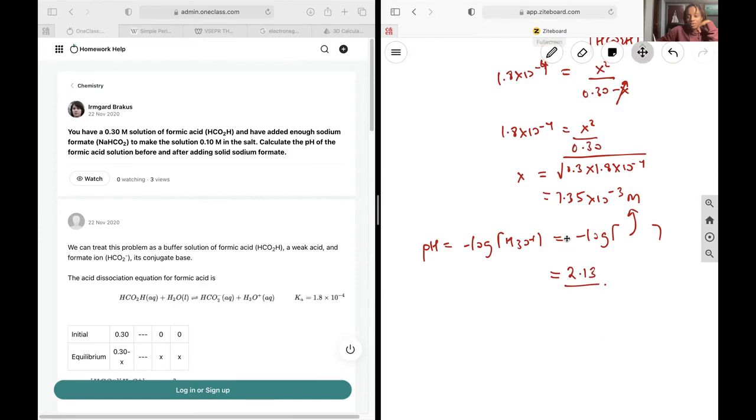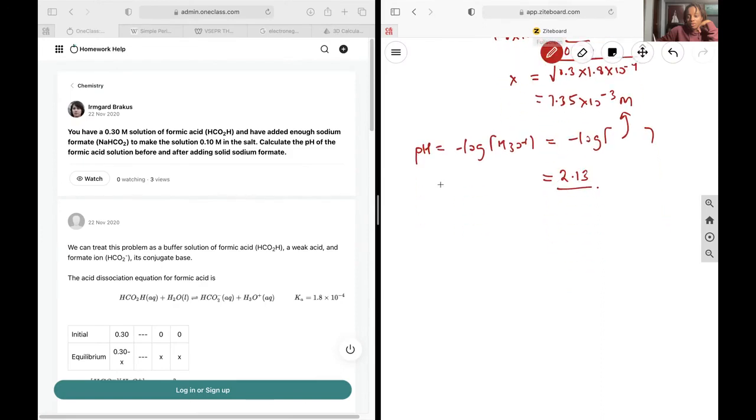Now for the second part, I will use the Henderson-Hasselbalch equation, and that just states that pH is equal to pKa plus the log of [HCO2-] over [HCO2H].